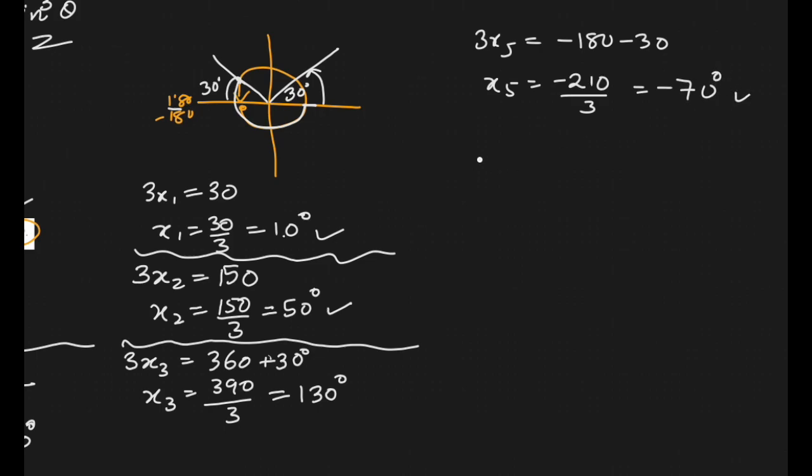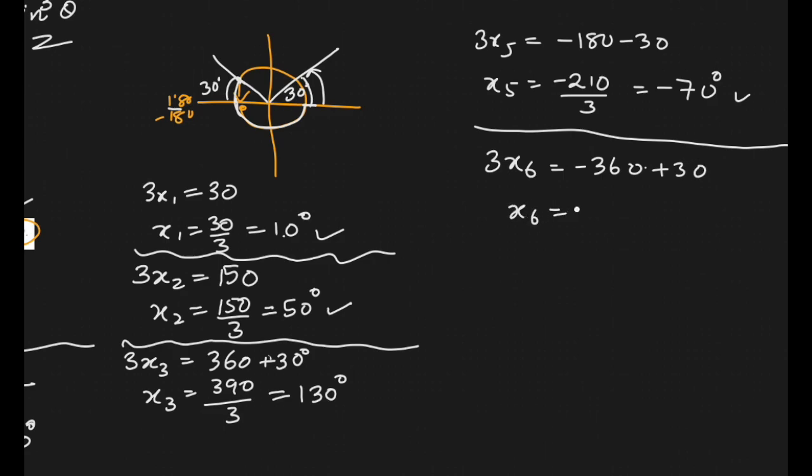This is also okay. 3x6, one more answer. So I'll go minus 180 minus 360 plus 30. Minus 360 plus 30, which is x6 equal to minus 330 over 3, which is minus 110.